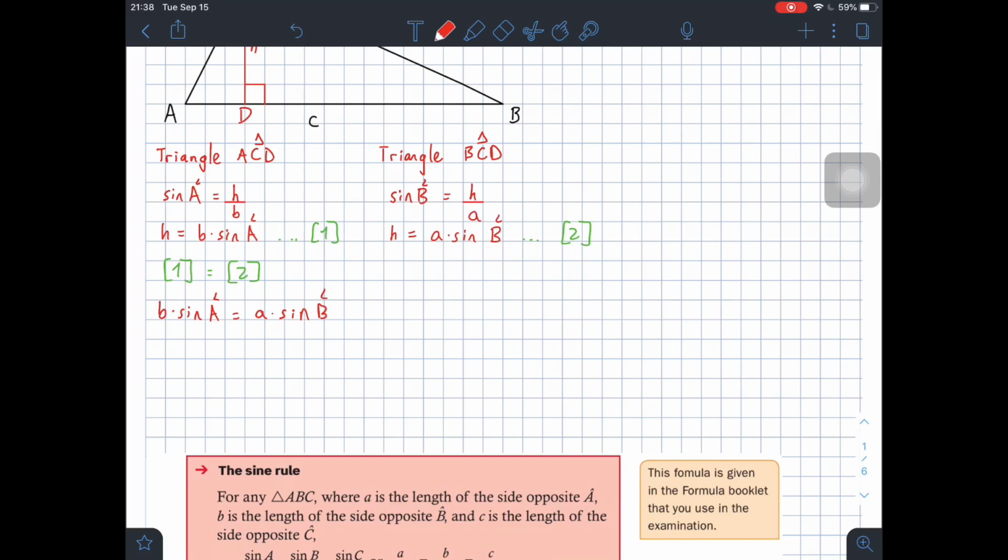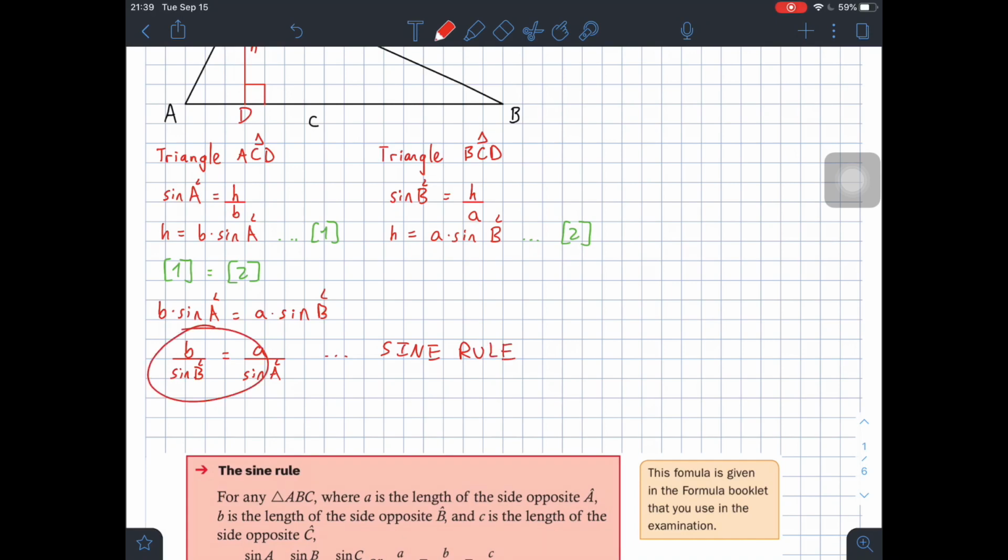For example, if I take this sine of A dividing here and this sine of B dividing here, I'm going to get that B over sine B is equal to A divided by sine A. And this is exactly the sine rule formula.